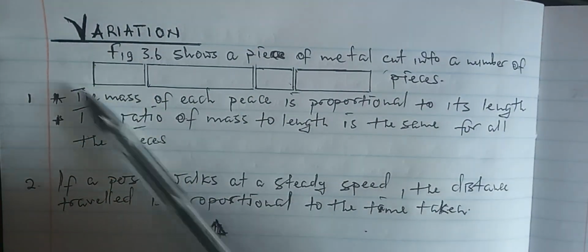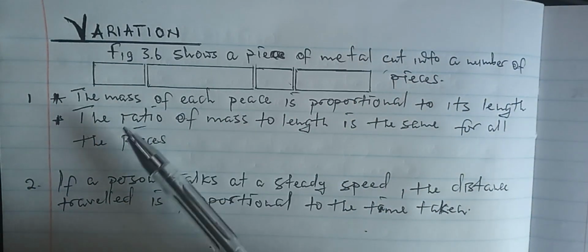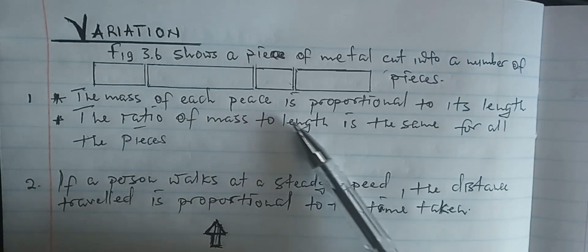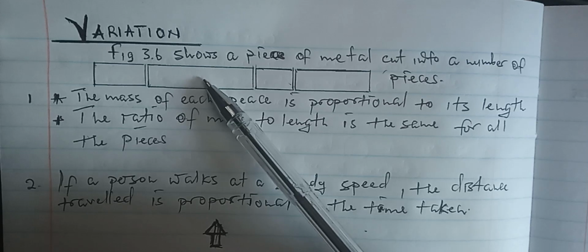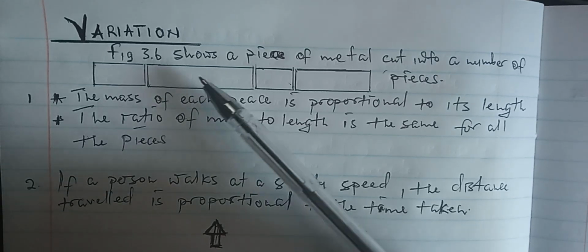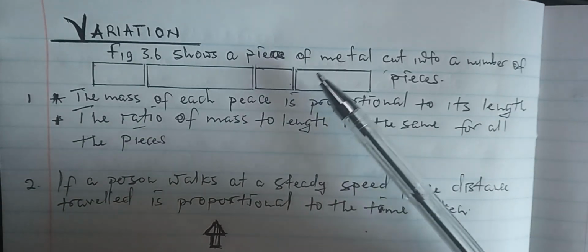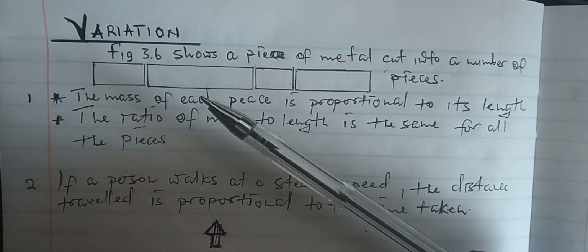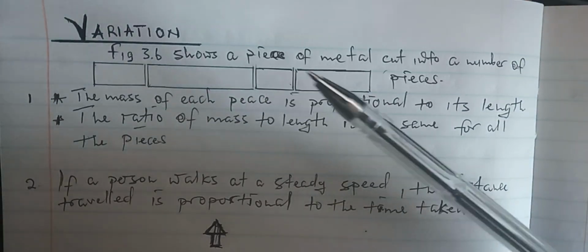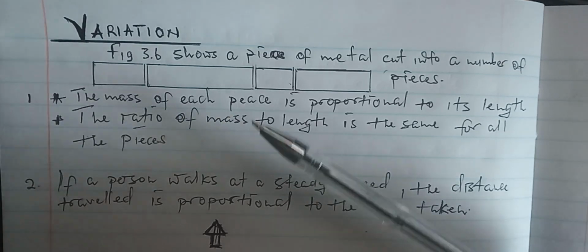If we are looking at this piece of metal, the mass of each piece is proportional to its length, meaning this length is going to weigh more than this one or this one or even this one. So the mass of each piece is going to depend upon the length of each piece. This is an example of what is called direct variation.